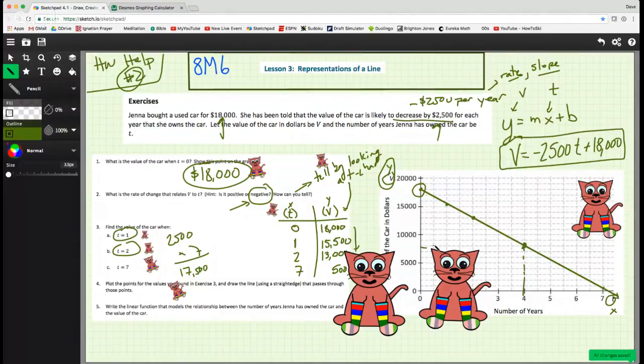Our car's worth about $8,000 after 4 years. After 5 years, it's decreased down to about $5,500. So we can make some very powerful decisions and very powerful calculations knowing how to read verbal models.